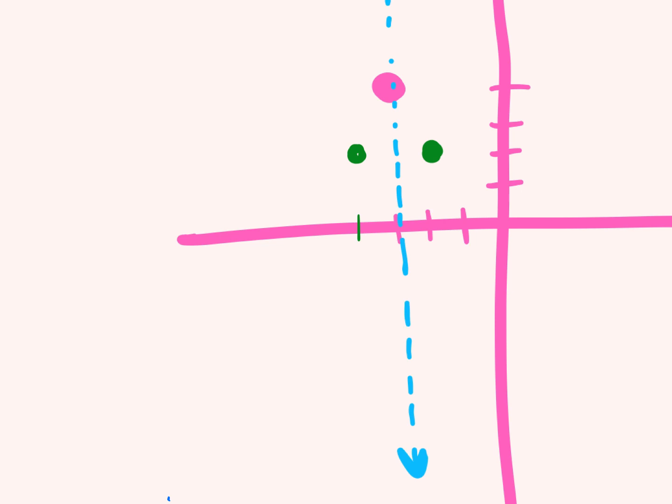So our parabola is either going to be an upside down U or a U. Here, is it a U or upside down U? Upside down U. A sad face. That would be our parabola.